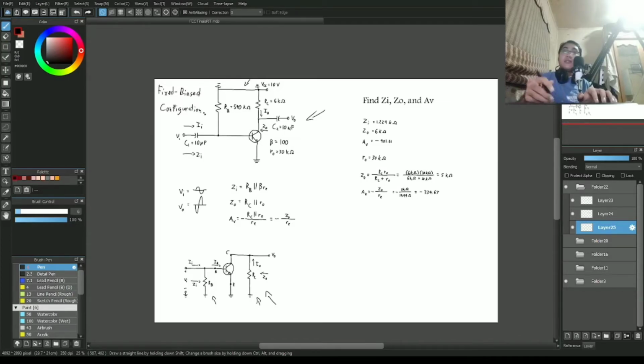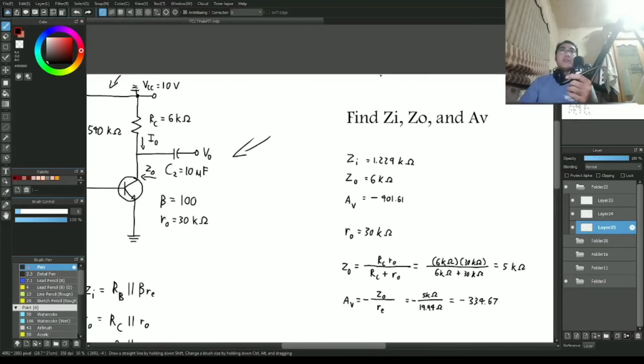It is the simplest model you could use for small signal AC analysis. So that's why it has only a little bit of solving, just a little bit of doing. It's not that hard. The only thing hard is trying to find a calculator to do any of this. And that's the solution.